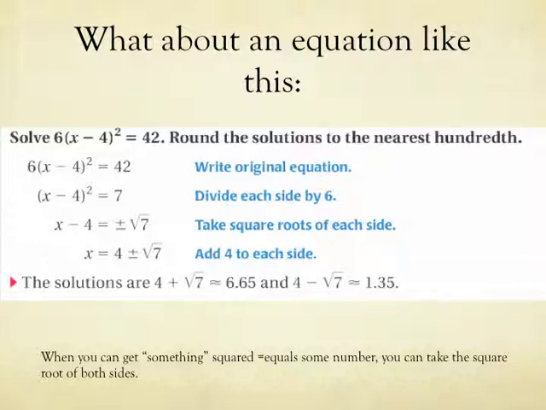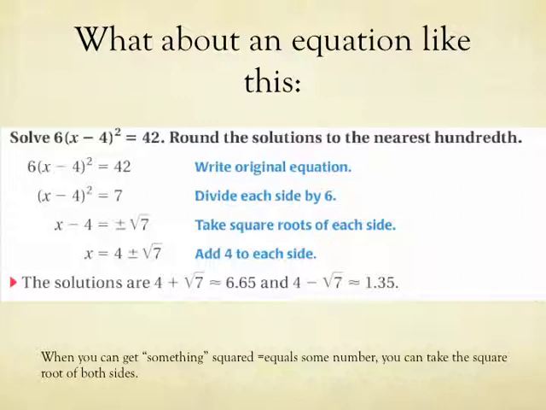So the solutions, 4 plus the square root of 7, which is approximately 6.65 if you do it on your calculator, and 4 minus the square root of 7, that's approximately 1.35. So if I plug in 6.65 into the original equation, the left-hand side will approximately equal 42.